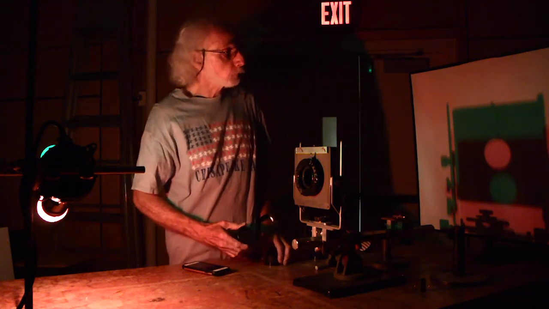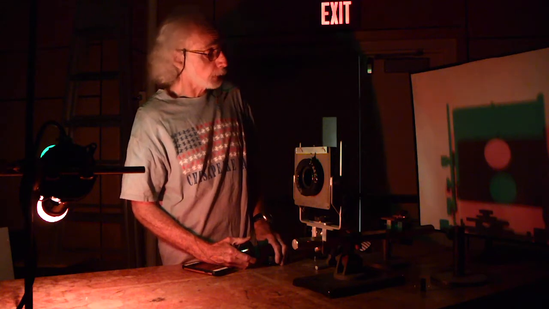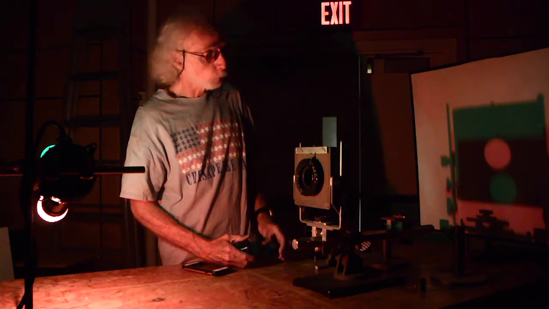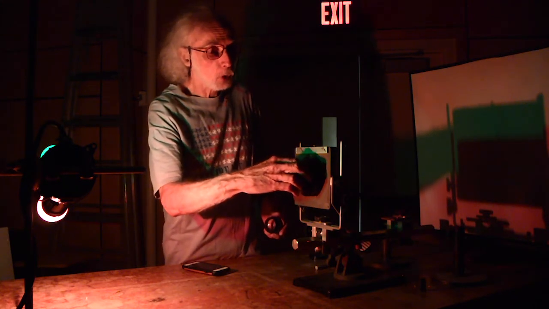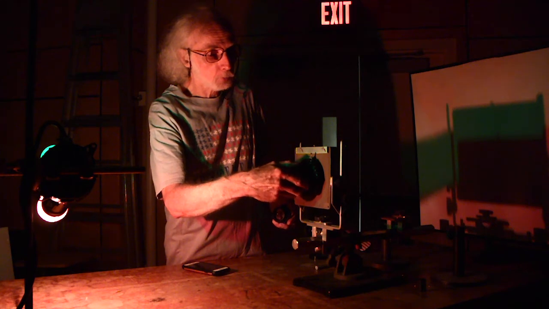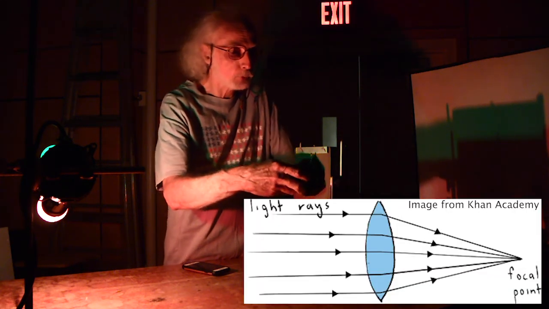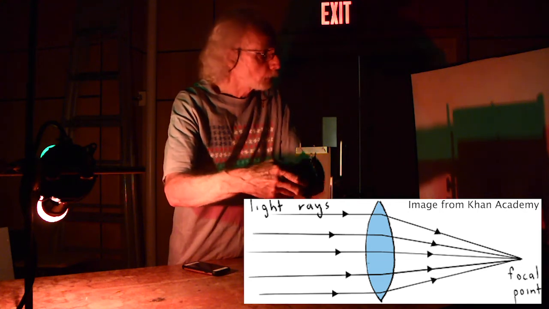This is where lenses changed everything, because now we've got this great big opening with kind of unsorted light rays coming through it. But if we install lenses, and what a lens is, of course, is a curved piece of glass that causes the light rays to bend.